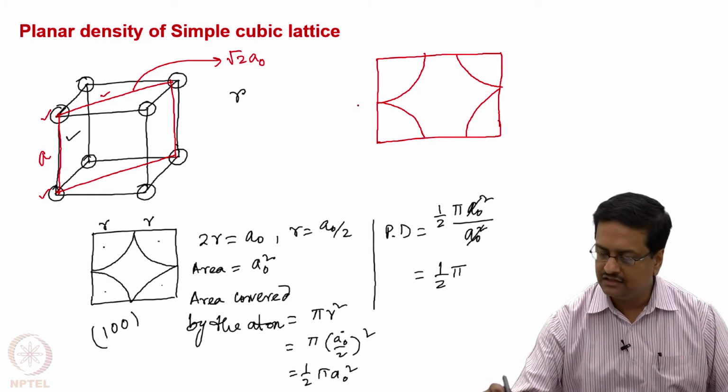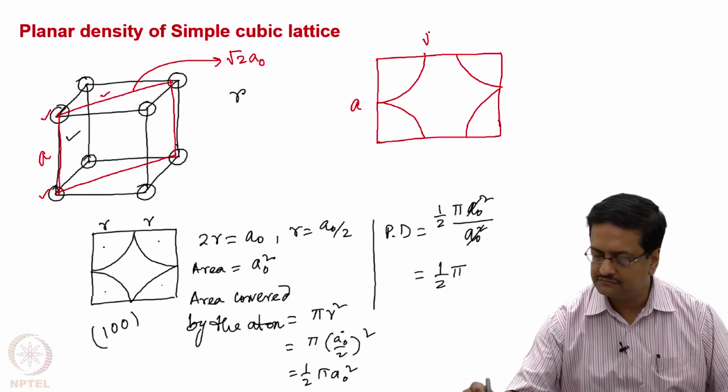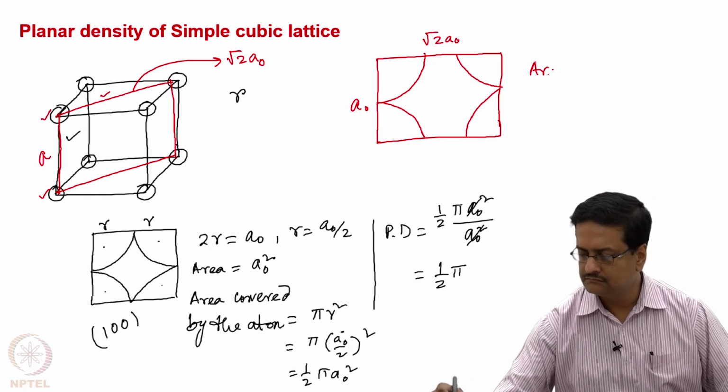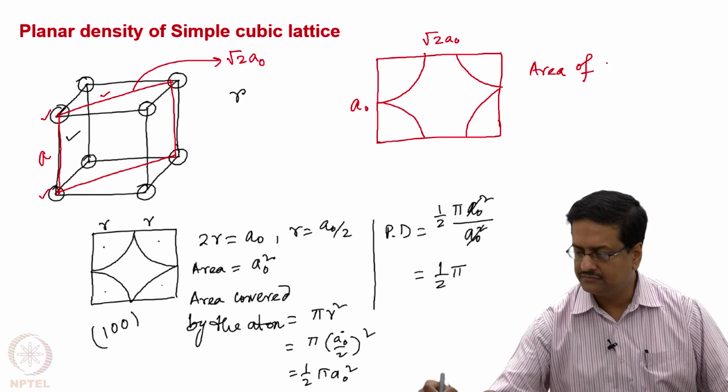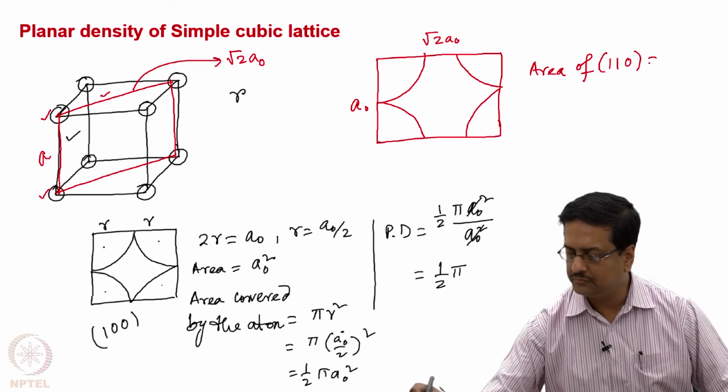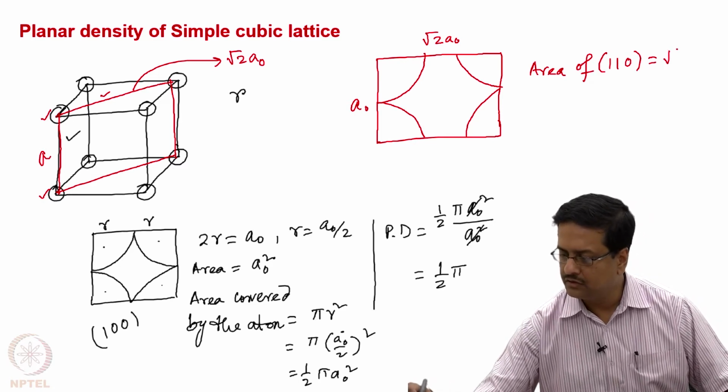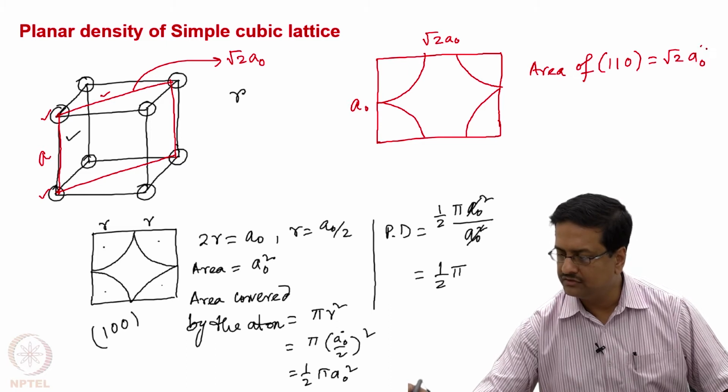So what is the area of this face? The area of the 1, 1, 0 set of planes is root 2 a0 square.